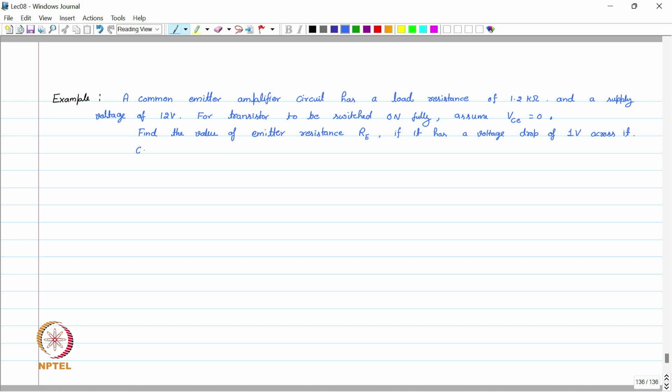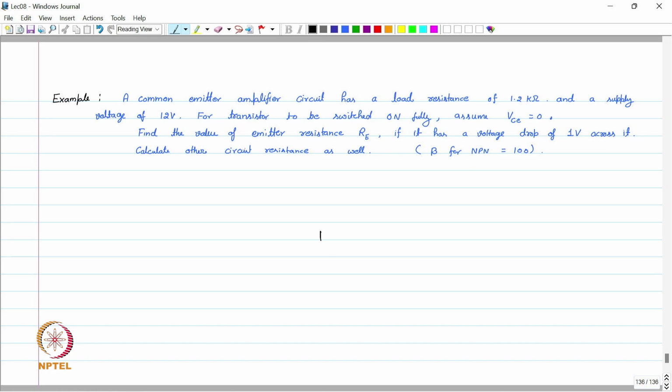Calculate the value of other circuit resistances as well. Beta for the NPN transistor is given as 100. So this is a numerical example which we can solve, and the solution of this is given below.